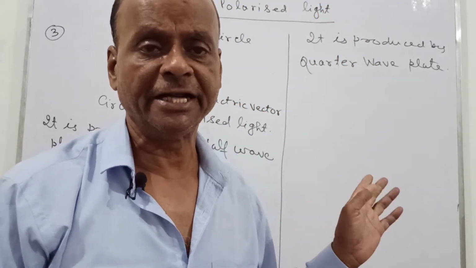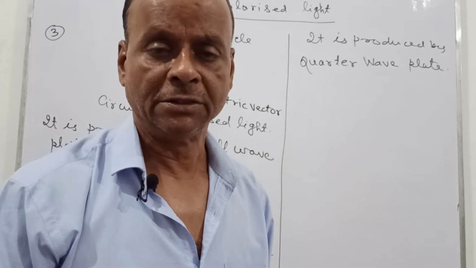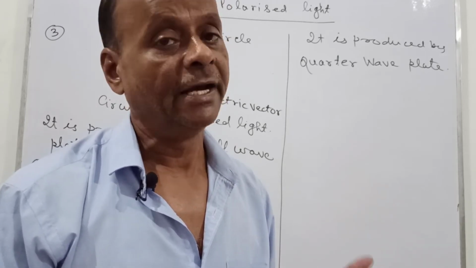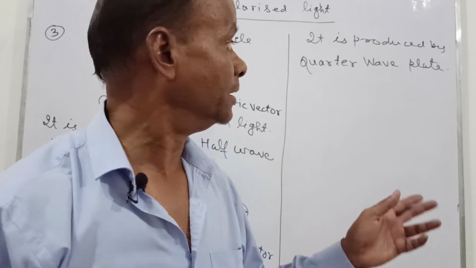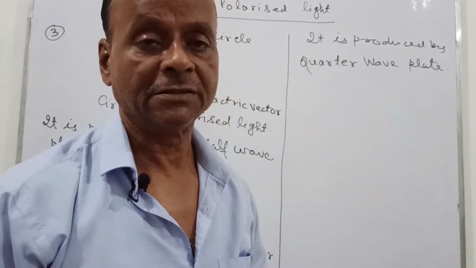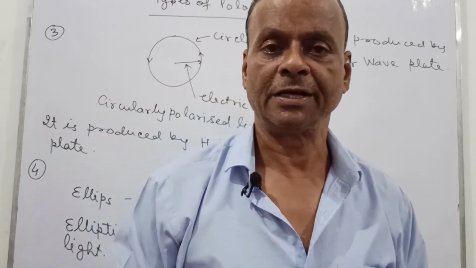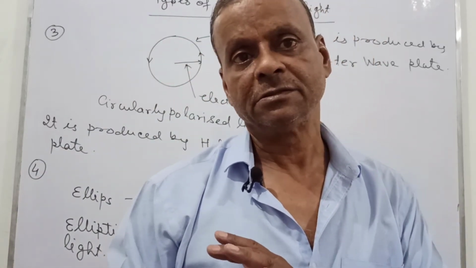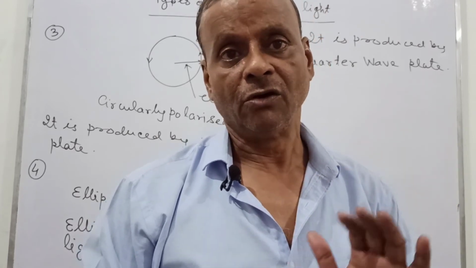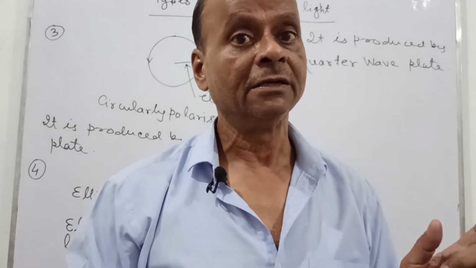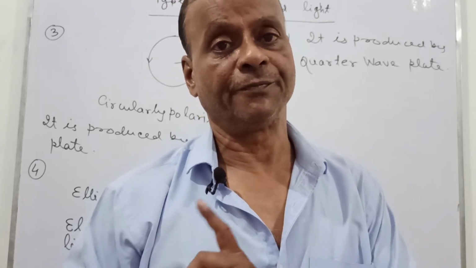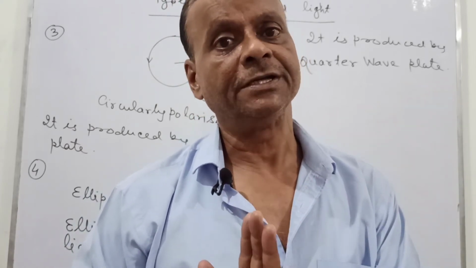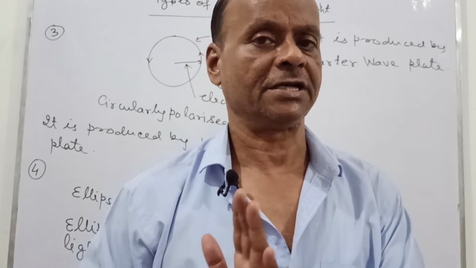So this is only the name that you have to keep in mind, that if we take the half wave plate, then there will be the circularly polarized light, and if we take the quarter wave plate, then there will be the elliptically polarized light.